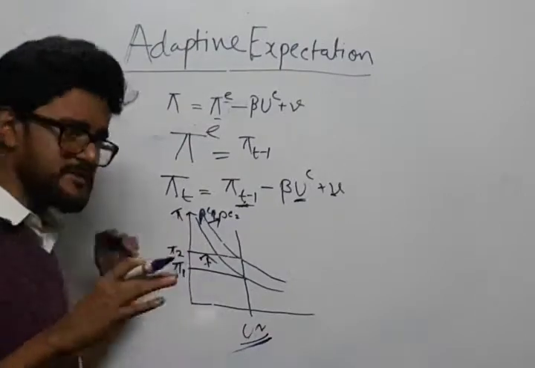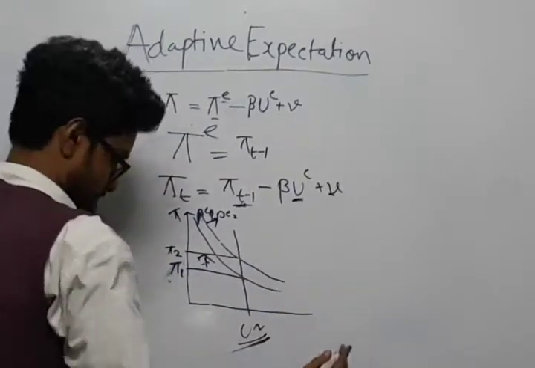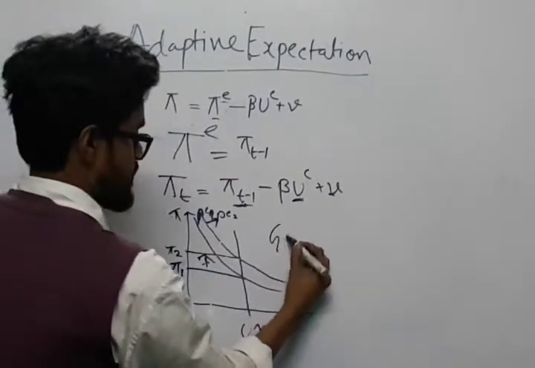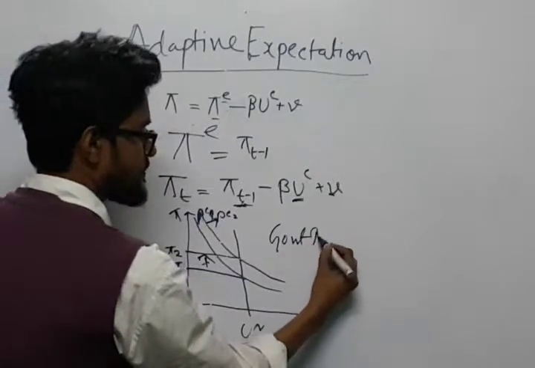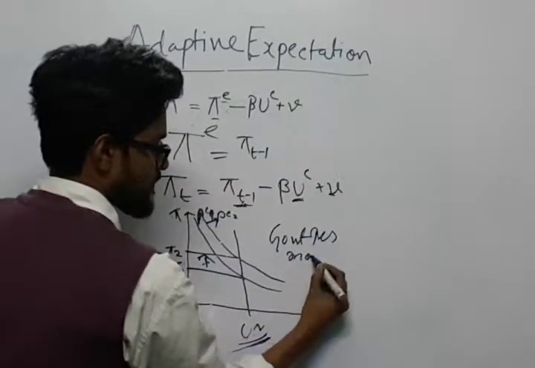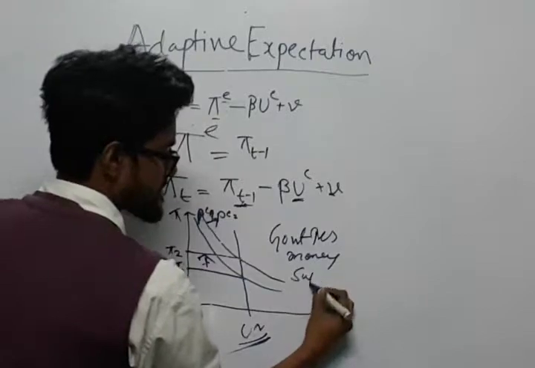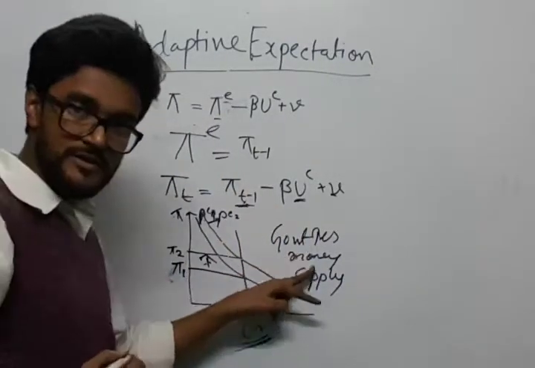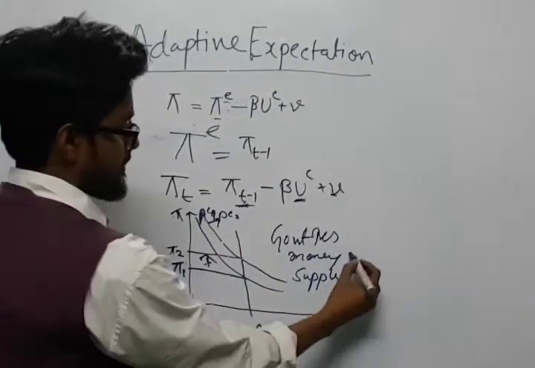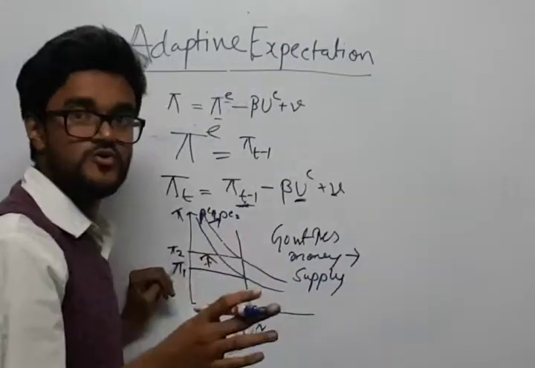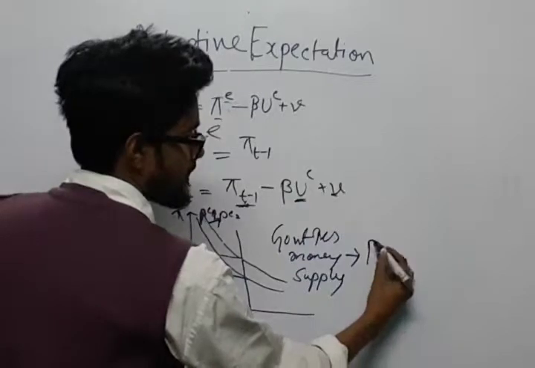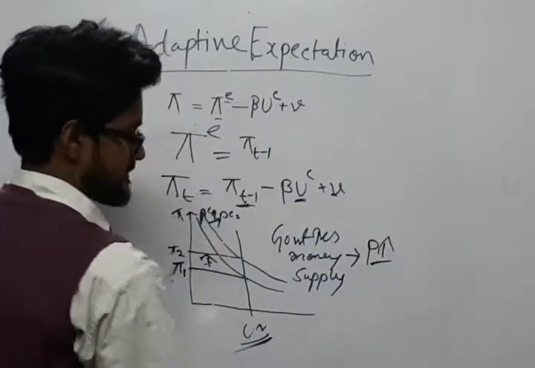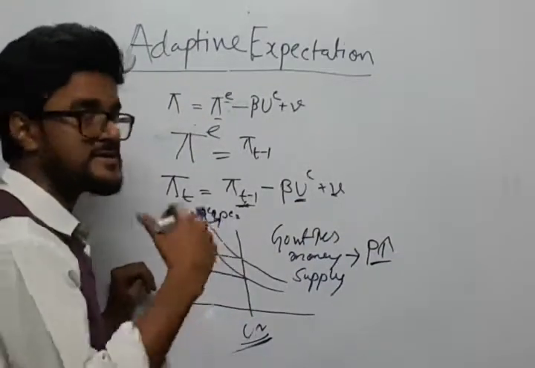Let's say for an example, suppose government increases money supply. As government increases money supply, this ultimately leads to increase in price level. That is, there is inflation.